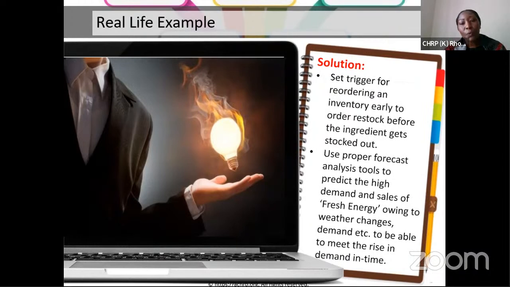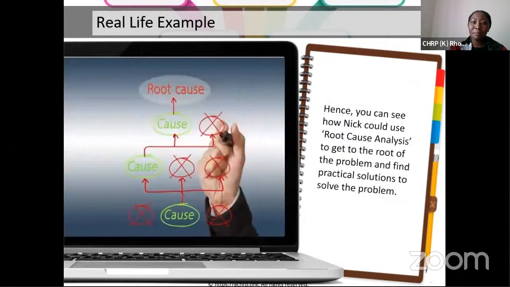Then he also says we need to set triggers for reordering inventory early, to order restock before ingredients get stocked out. Then again, he has said to use a proper forecasting analysis tool to predict the high demand and sales of Fresh Energy owing to weather changes. It is summertime, demand could fluctuate, and then be able to meet the rise in demand just in time. And you can see now he's doing his analysis.